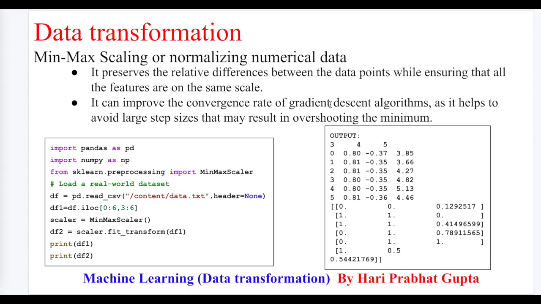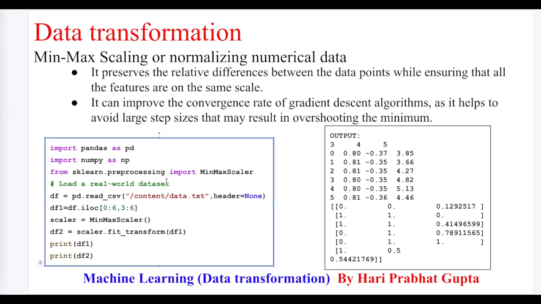This is very important as it helps to avoid large step sizes. Here we can see that the jump is very large, for example from 3.6 to 5.13. The difference in values is very high, so the jump may be very large, the accuracy in the gradient is very tough, and the convergence rate is also very slow. But if you use values between 0 and 1, they are very close to each other, and you can improve the speed of the algorithm.